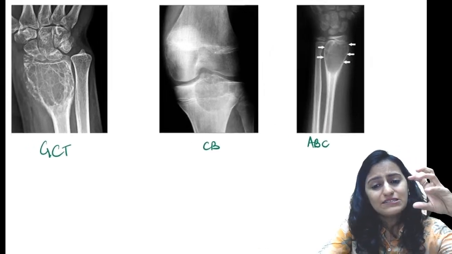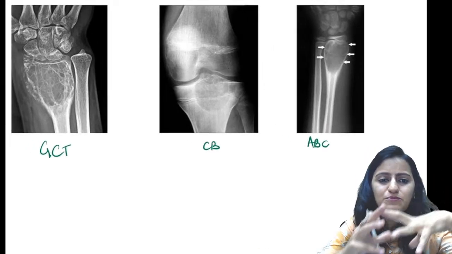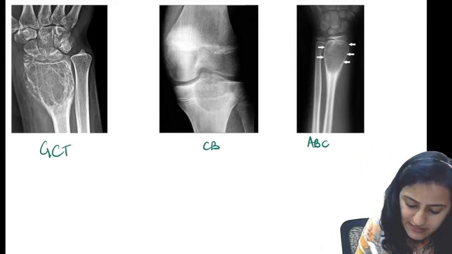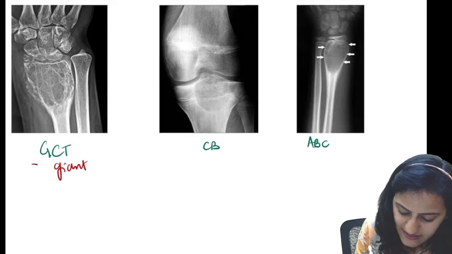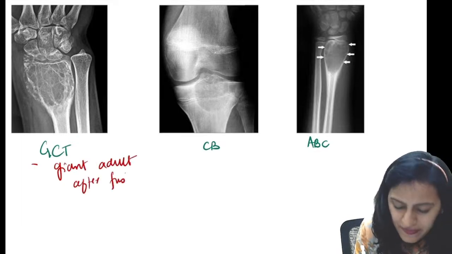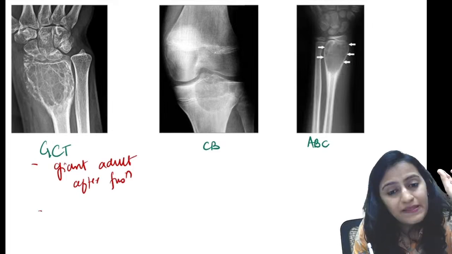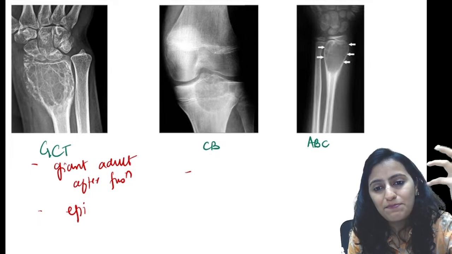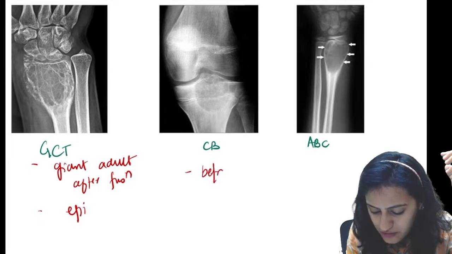Now we said that GCT and ABC look similar. Both of them are expansile eccentric lesions. But the difference is GCT, giant, is in an adult patient after the fusion. That is mature skeleton. And it involves the epiphysis. Chondroblastoma, blastoma is before the fusion. Right?